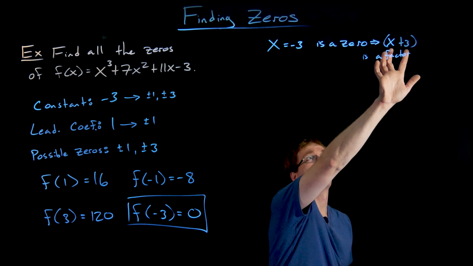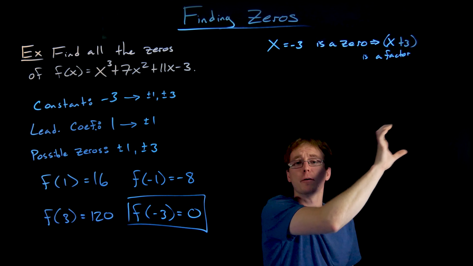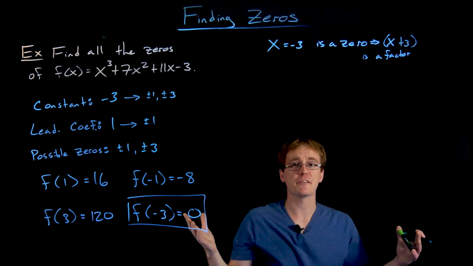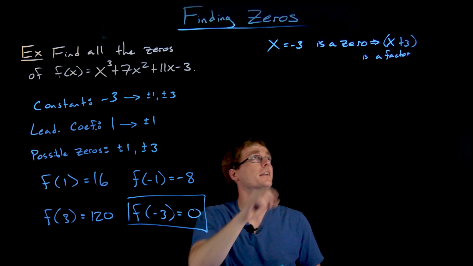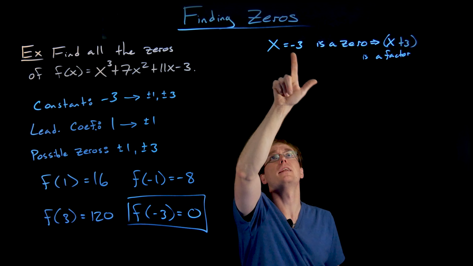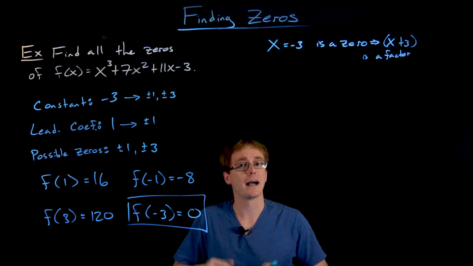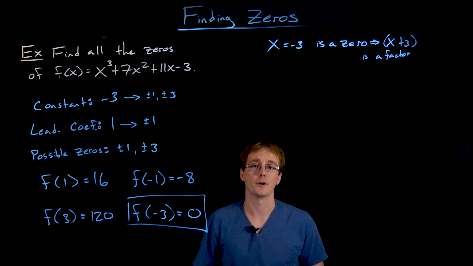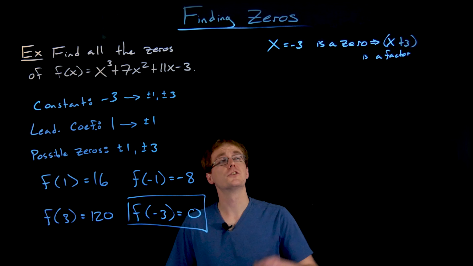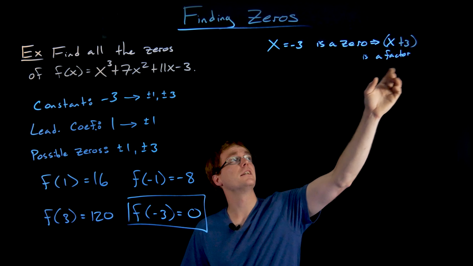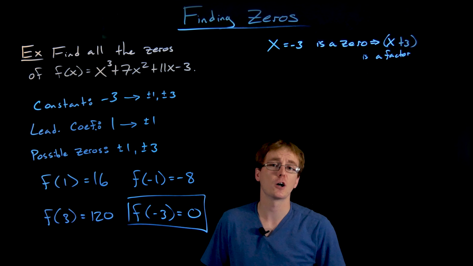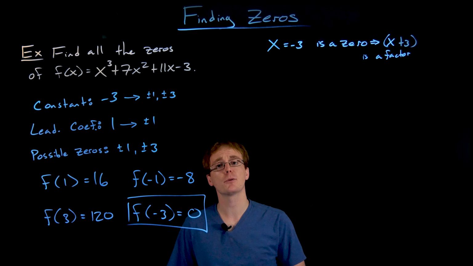Because what x value makes this factor become a factor of 0, which multiplies everything by 0 and zeroes out the whole thing, only when x is equal to -3. That factor is always going to look a little bit opposite of the actual x value that corresponds to the 0. So we know that our 0 at x equals -3 is going to correspond to a factor in our polynomial of the quantity x plus 3.